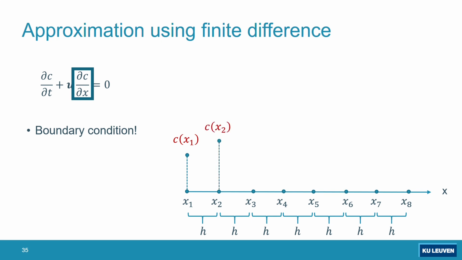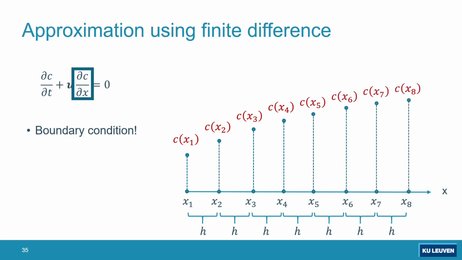It's actually approximated. And based on this one, do you remember that we can use one point to get the value of the other one, which was forward or backward difference? We can get the value of c at x3, and using the same principle, we can obtain the values of the rest of the points.